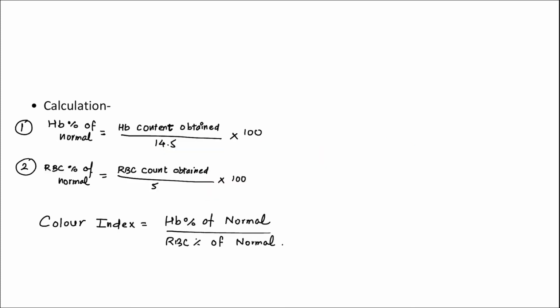For calculation of color index, first of all we take the percentage of normal hemoglobin by dividing the Hb content obtained by 14.5 and multiplying by 100. So it's like, if 14.5 is 100% of hemoglobin, then the obtained one is how much? We get this formula by multiplying the Hb content obtained by 100 and dividing by 14.5.